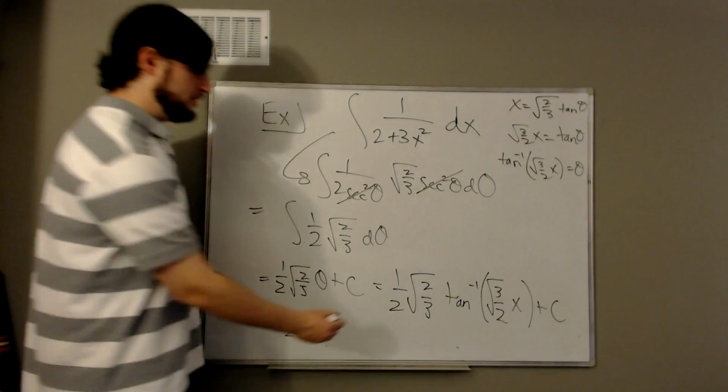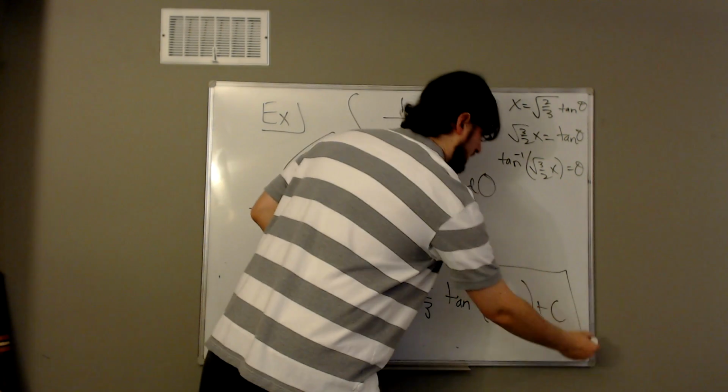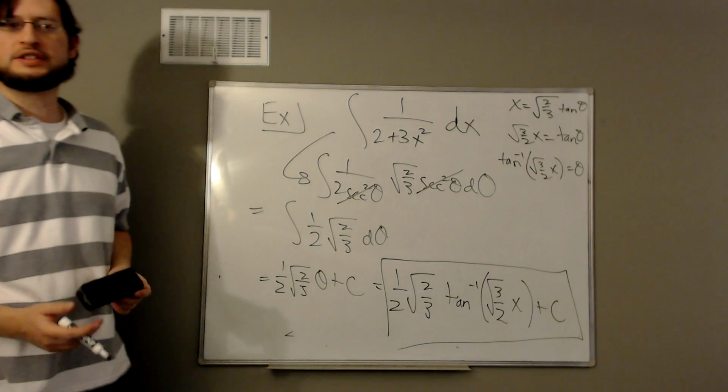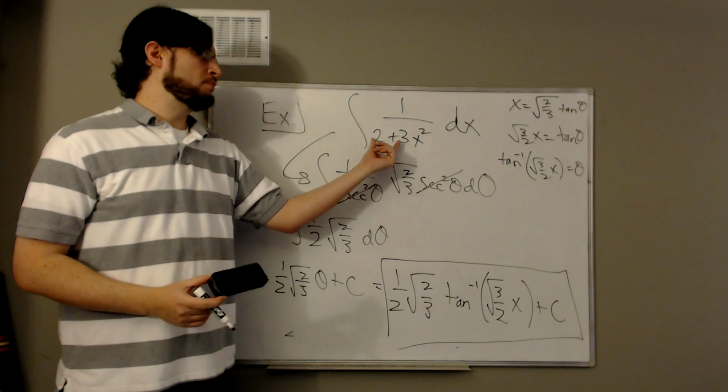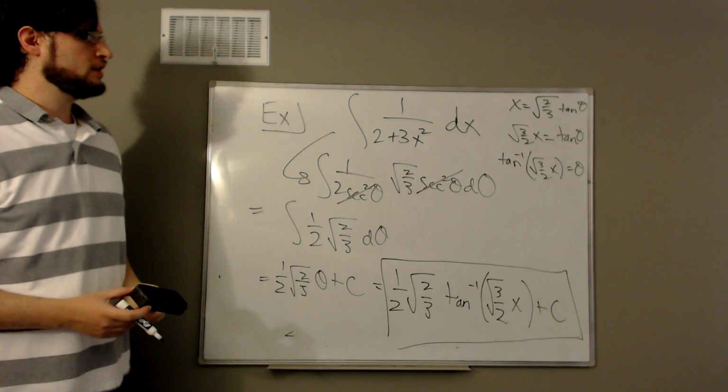And it looks messy. And really the only thing that's messy about it is the constants. But that can happen when we have a mix of the two different types.